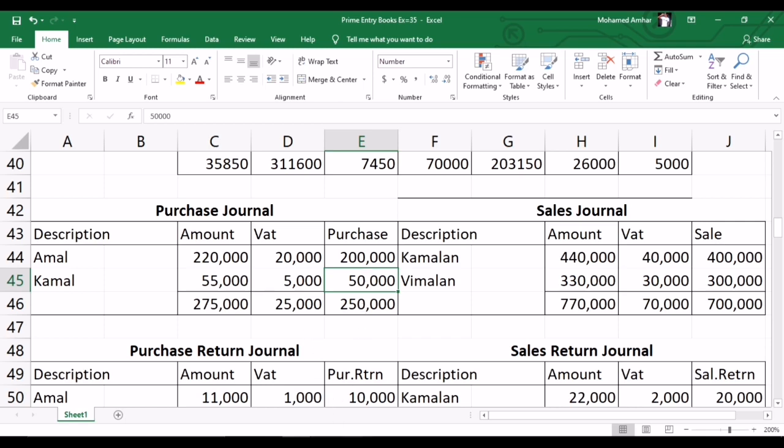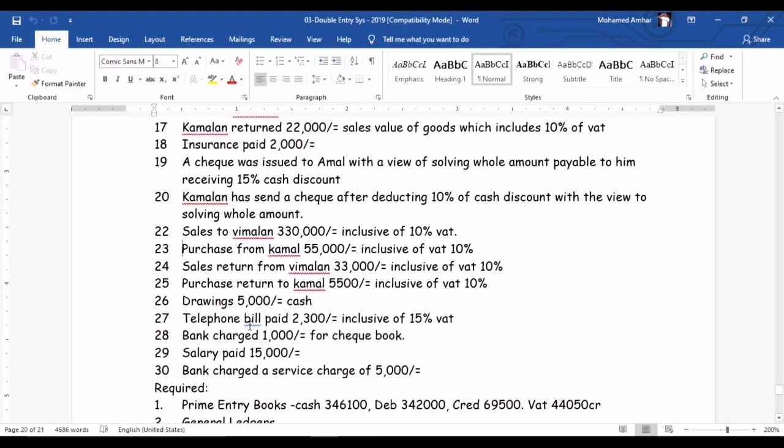Right, next date is 24. Sales return from Vimalan 33,000 inclusive of VAT 10%. So 10% is 3,000.